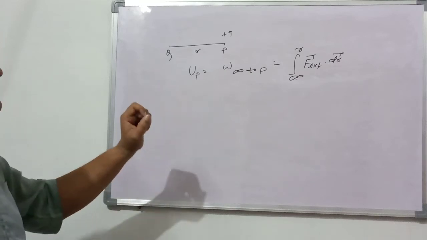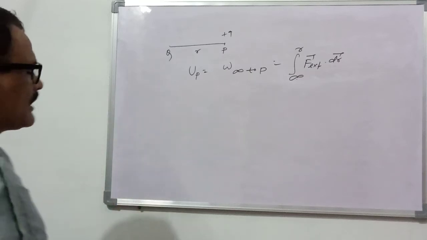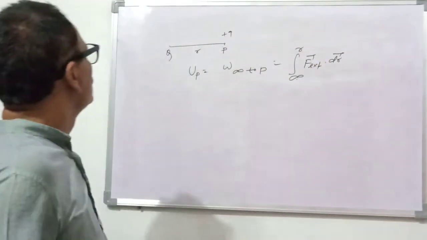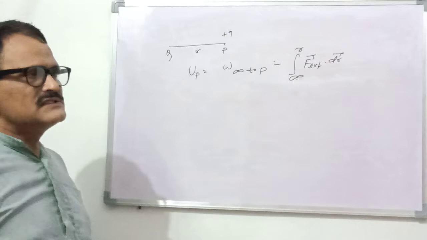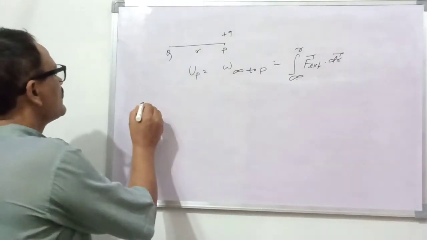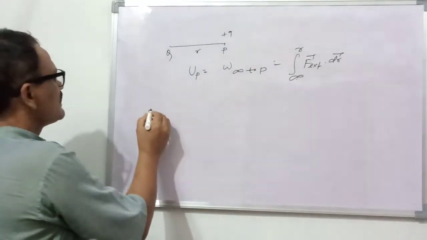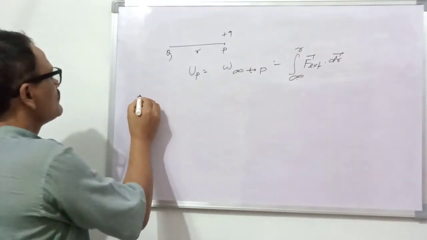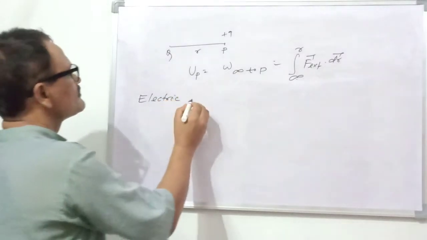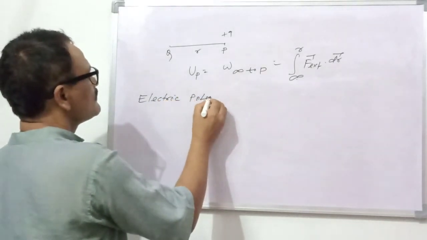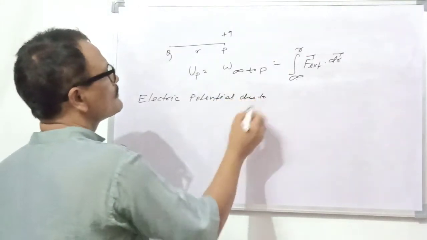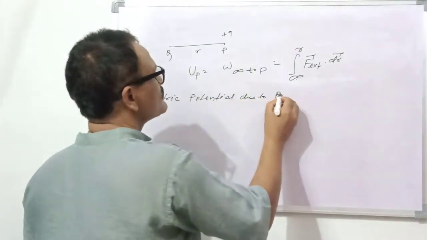This is the potential energy, and today I am going to explain the electric potential, not potential energy, electric potential at a point due to a given point charge. So this is the electric potential due to a point charge.